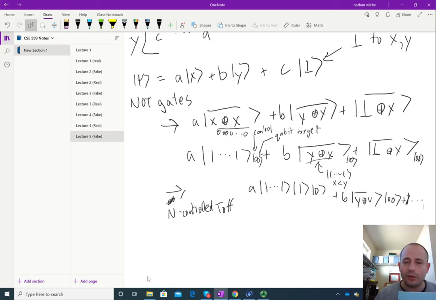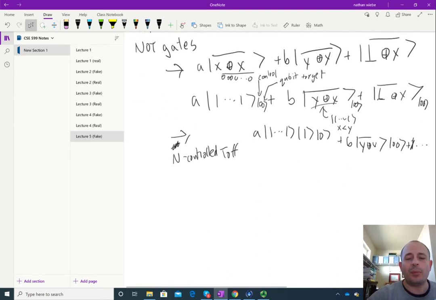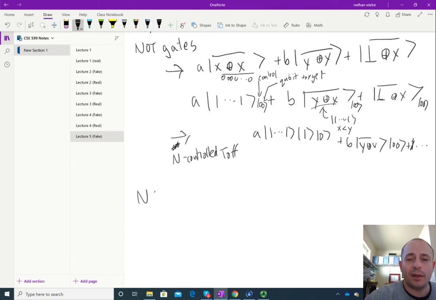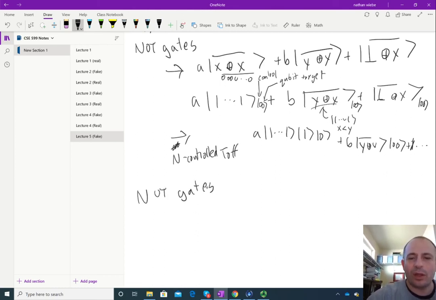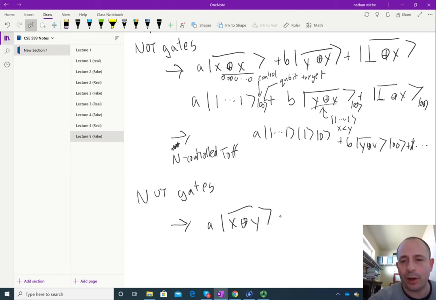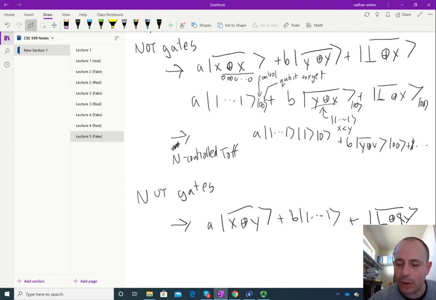In the second part of the construction, we need to apply again a bunch of NOT gates in order to undo this and map that to A, X exclusive OR Y, not, plus B, now this one's all 1s, plus exclusive OR X bar over here.